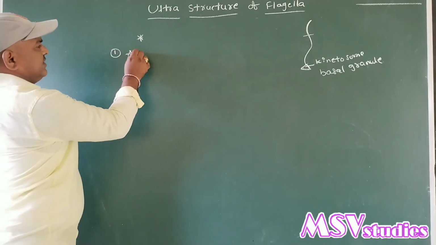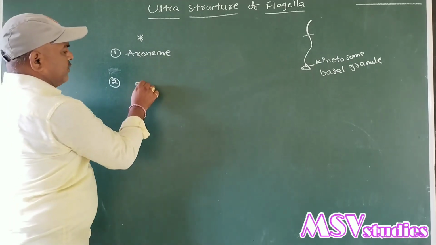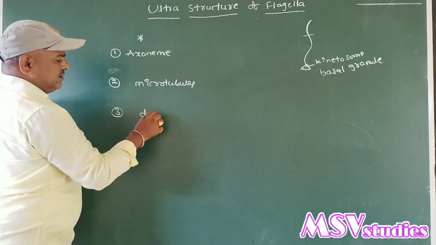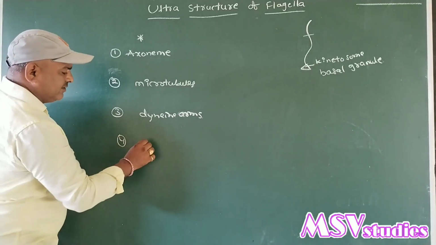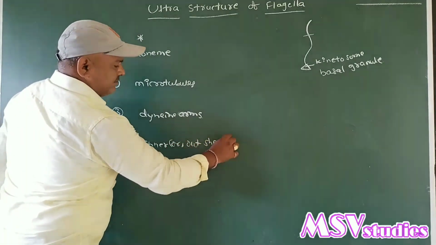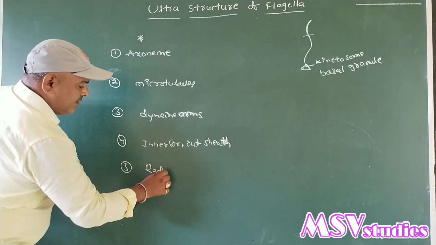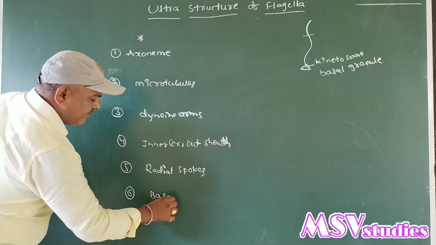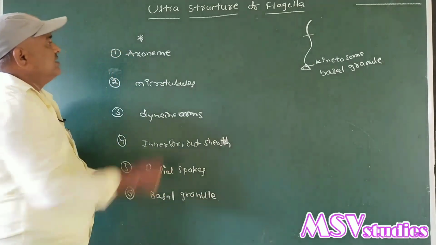They are axoneme, second one microtubules, third one dynein arms, fourth one inner and outer sheath, fifth one radial spokes, and the last one basal body, or basal granulae. So these are the 6 components of flagella.